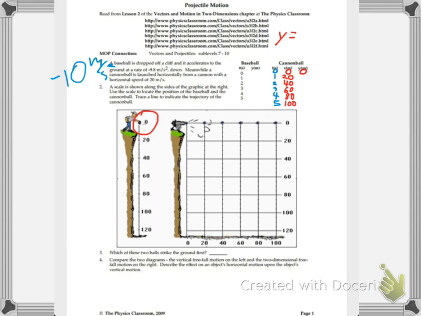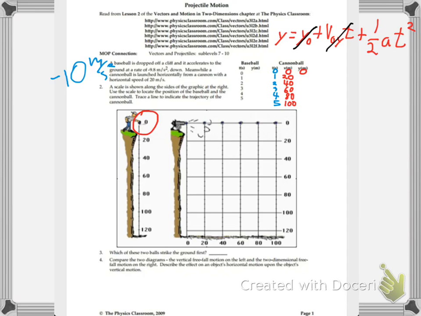Y, our position, equals the initial position plus the initial velocity in y times time, plus 1/2 the acceleration times the square of the time. Because our initial position is 0, that term is 0. Our initial velocity in y is 0, that goes to 0.